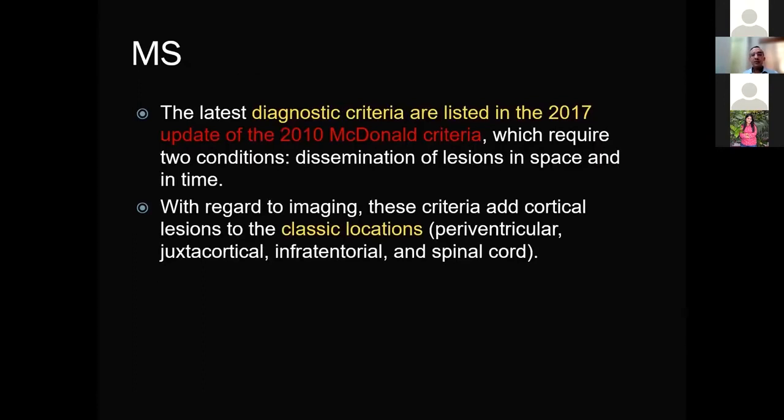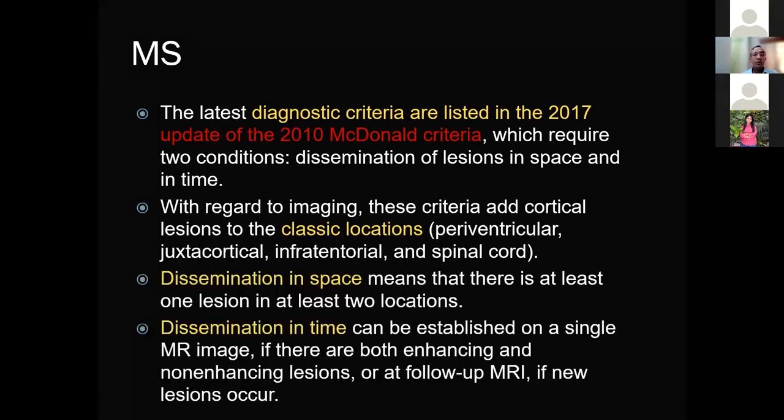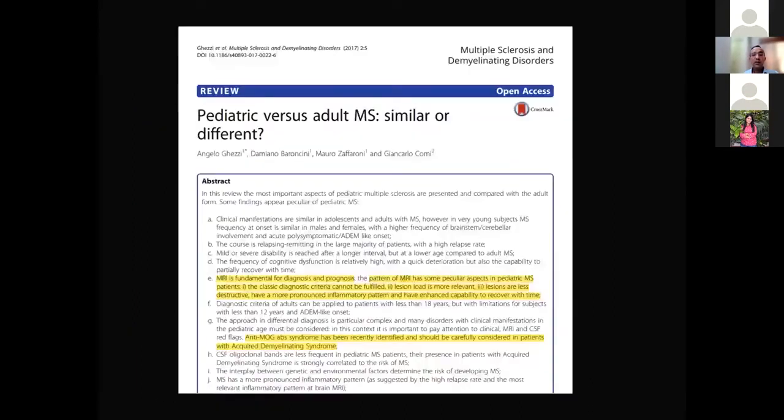In MS, the diagnosis is done by the 2017 update of the modified 2010 McDonald criteria, which include two important aspects: the dissemination in space and dissemination in time. In addition to the classical locations of the periventricular white matter, the juxtacortical white matter, infratentorial and spinal cord, the cortical lesions have been included in this revised criteria.